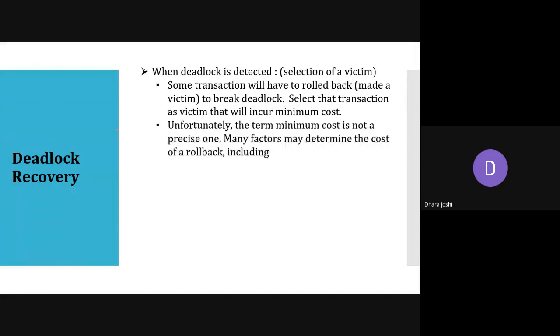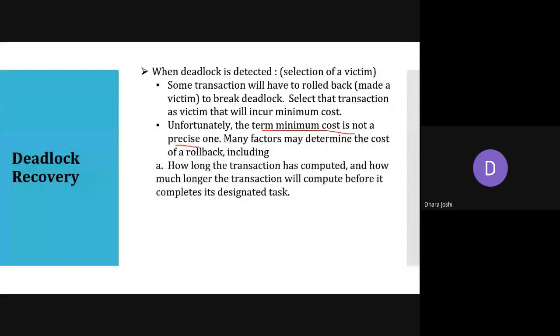Unfortunately, the term minimum cost is not a precise one. There can be multiple factors according to which we can identify the cost of a rollback. For example, how long the transaction has computed and how much longer the transaction will compute before it completes its designated task.